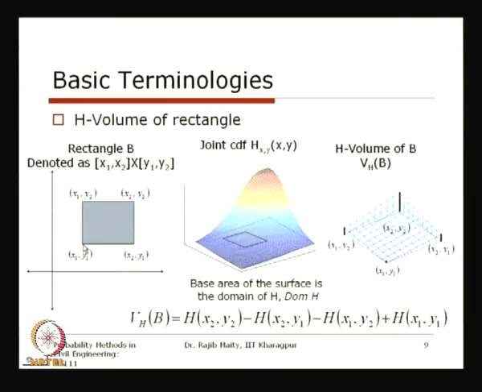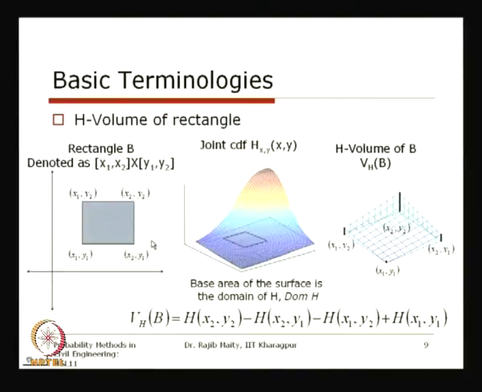So this is giving you the H volume of that function over the rectangle B, for which the vertices are as shown in this figure, that is x1 y1, x2 y1, x1 y2 and x2 y2.